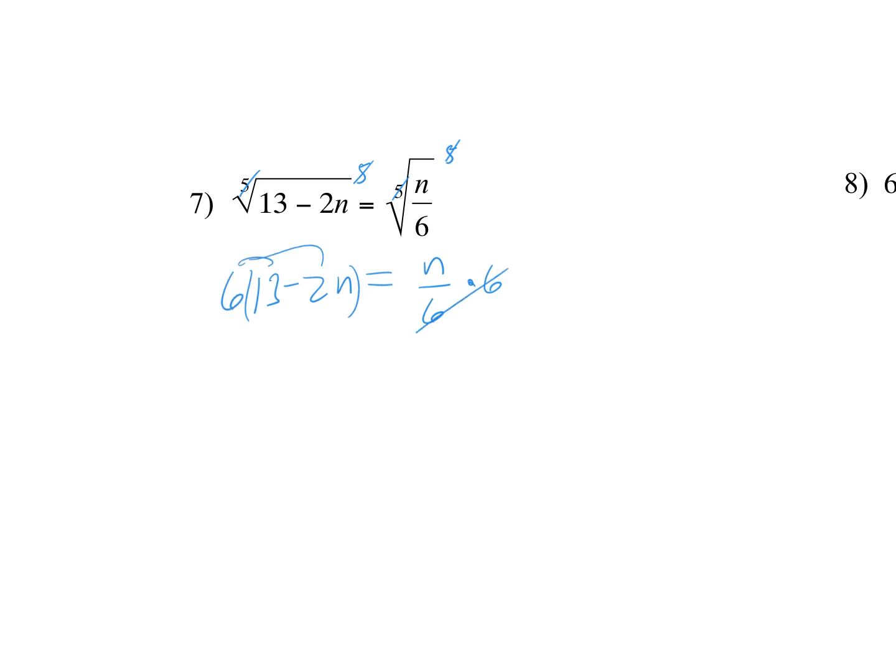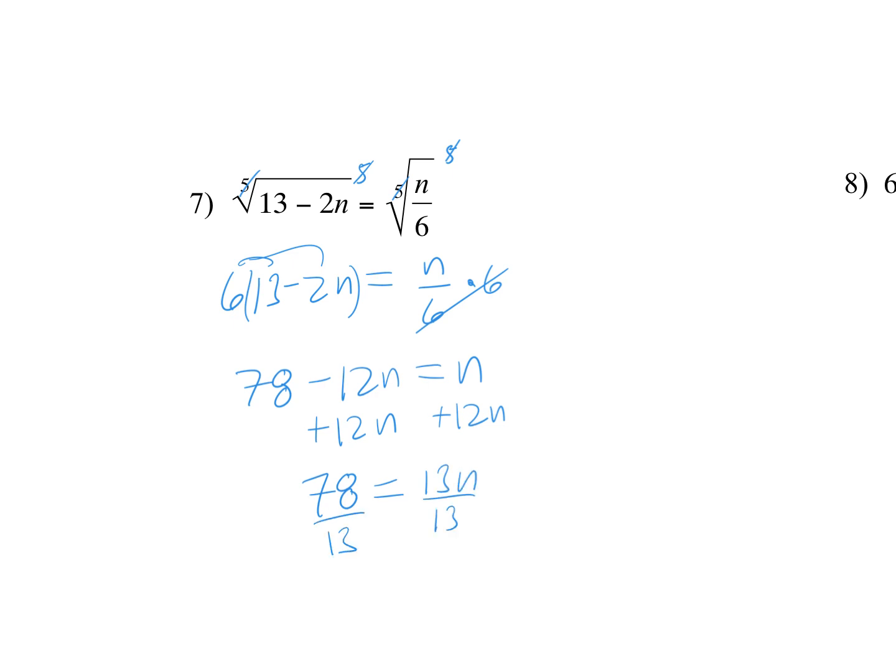Then I can distribute 6 over here, and I get 78 minus 12n equals n. Then I can add 12n on both sides, and so I get 78 equals 13n.